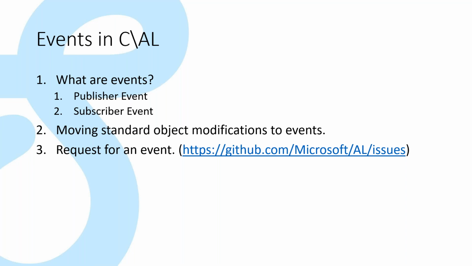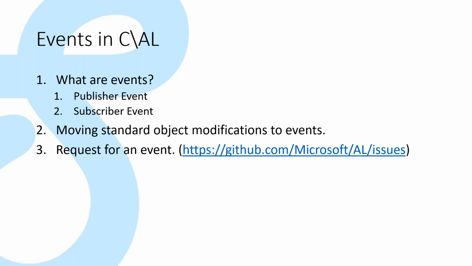But there are two main types of events that you have to know. So first one is publisher event. And this publisher event is actually declared by a C/AL function, and it allows us to cling to a specific code location. So Dynamics NAV has publisher events all over the objects.